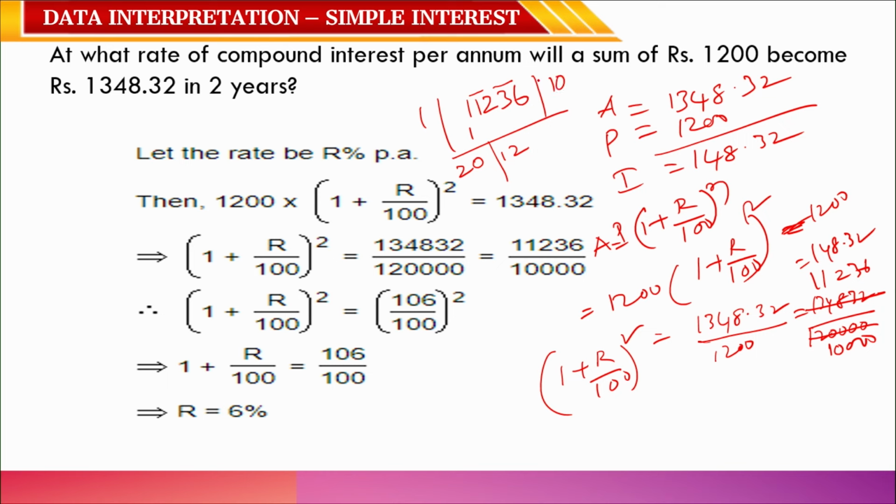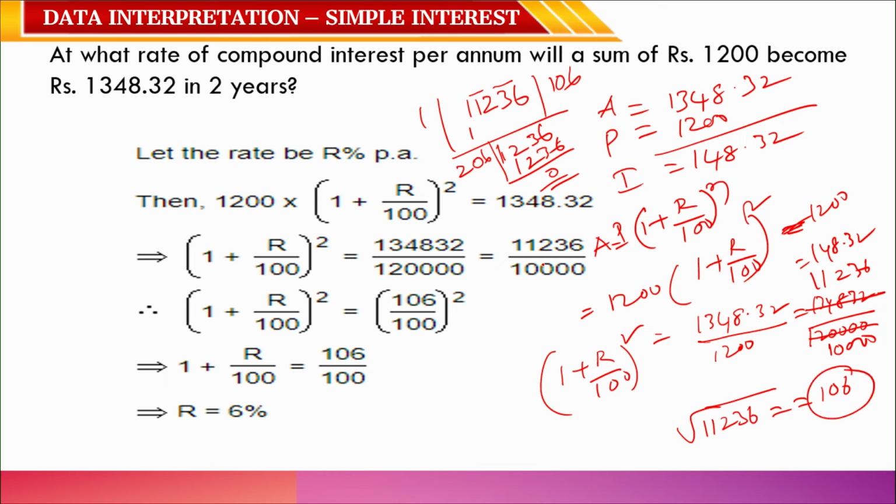Now you can bring 2 more digits, it is 1236. If the last digit is 6, then you have to take 4 or 6, 4 fours are 16, 6 sixes are 36. So I am taking the bigger number 6, here also 6, 6 sixes are 36, 6 twos are 12. How much did you get? 106, am I correct? Then the square root of 11,236 is 106, that is it.